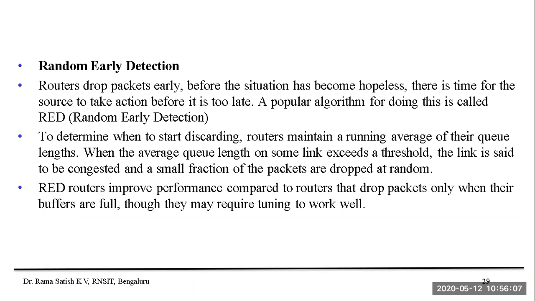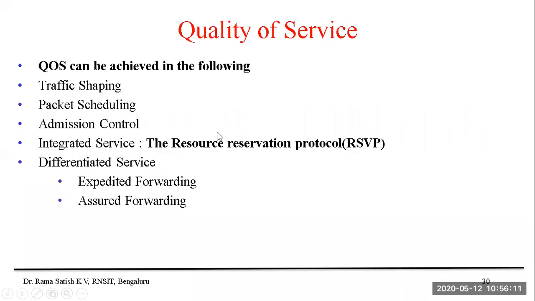Lastly, we have another concept called quality of service. Beyond all these things, as a network engineer, as a network service provider, you have already promised that you are going to give the best quality of service.